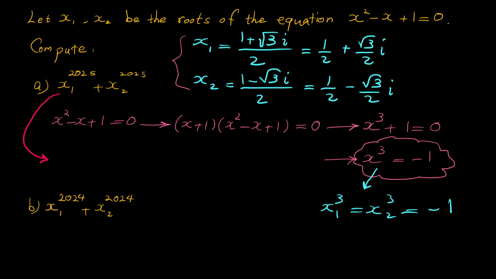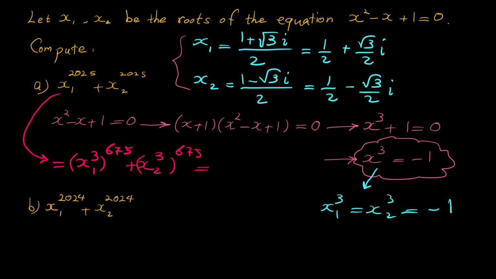So for finding this, I am going to write x1 to the power of 2025 as x1 to the 3 all to the power of 675. Attention, 3 times 675 is exactly 2025. Plus x2 to the 3 all to the power of 675.